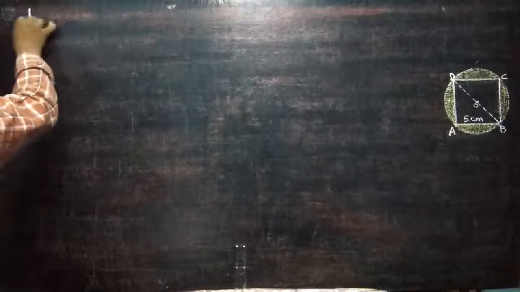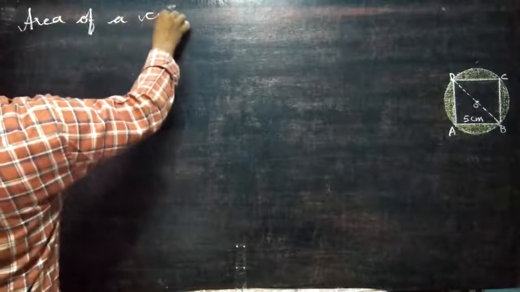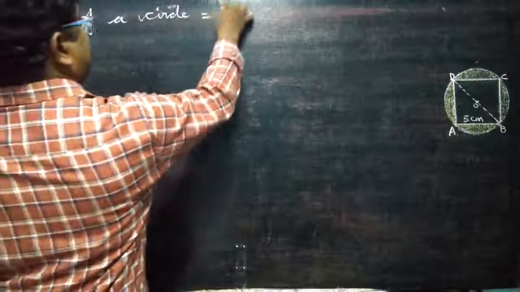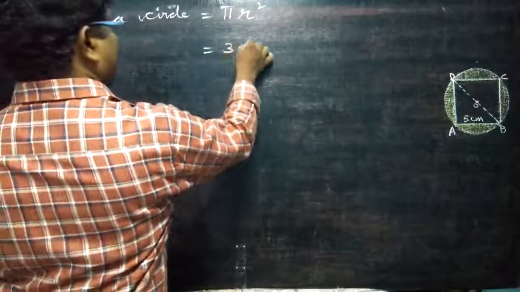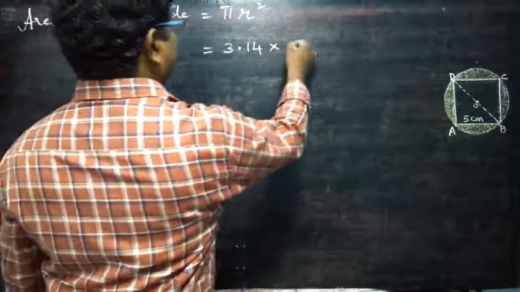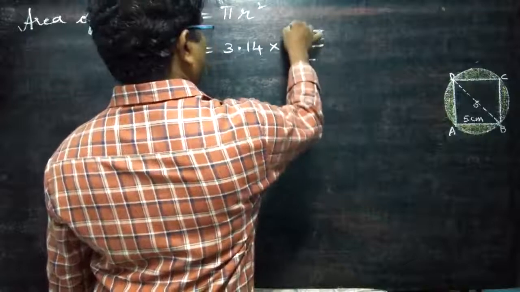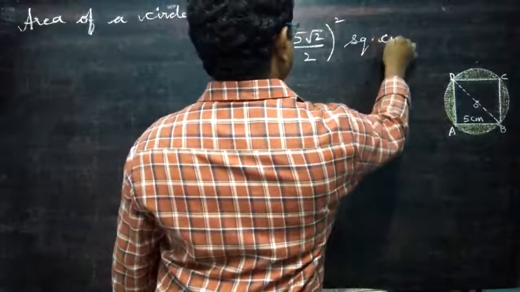Area of a circle. What is the formula for the area of a circle? Pi r square. Pi, they told us to take as 3.14, into the radius, which we just got, 5 root 2 by 2, whole square centimeters.